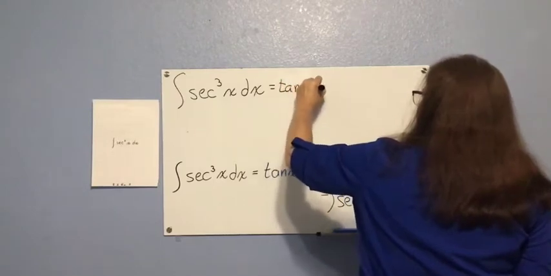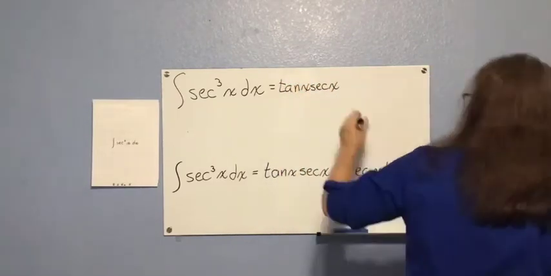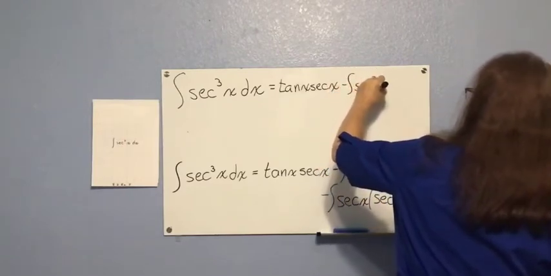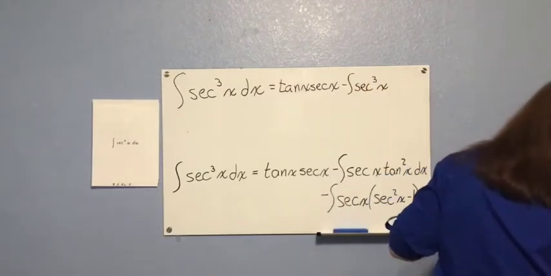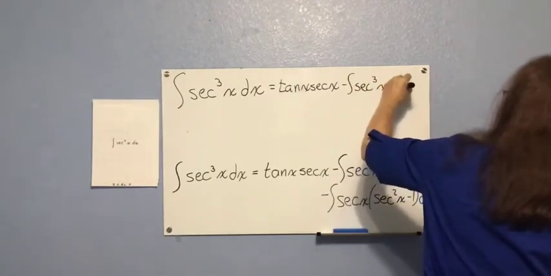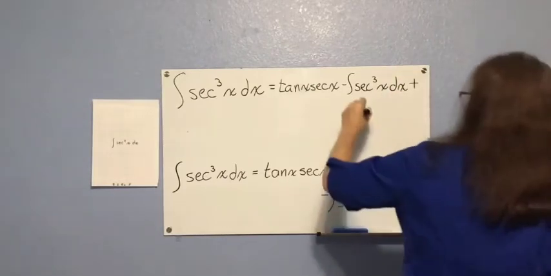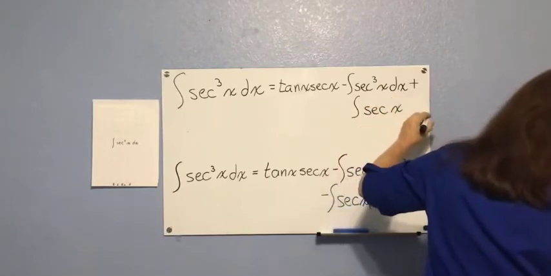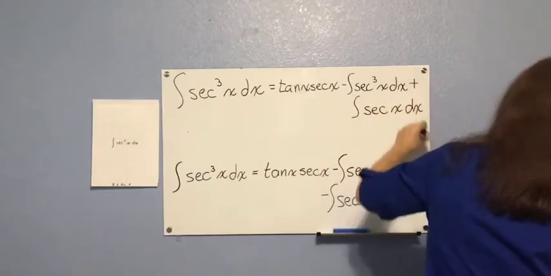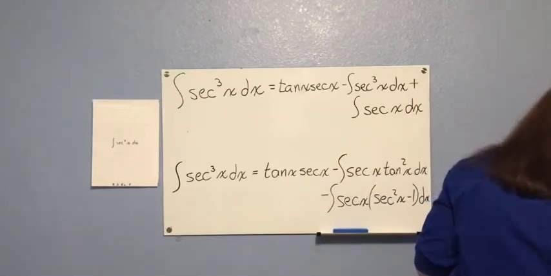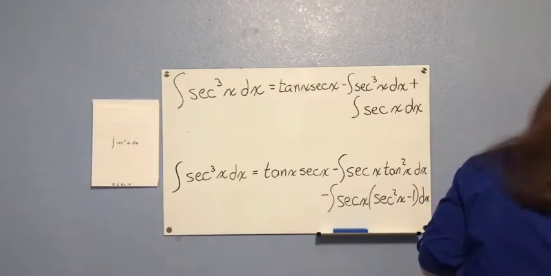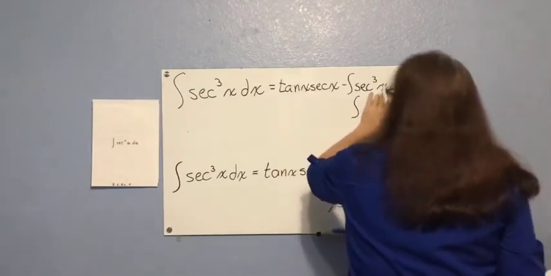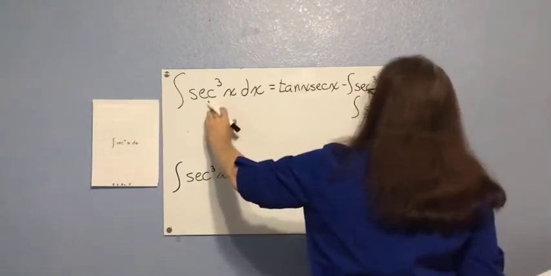Tangent x secant x minus the integral secant cubed x dx plus the integral of secant x dx. Okay, and it looks like we've kind of gone full circle. We're back to the secant cubed.